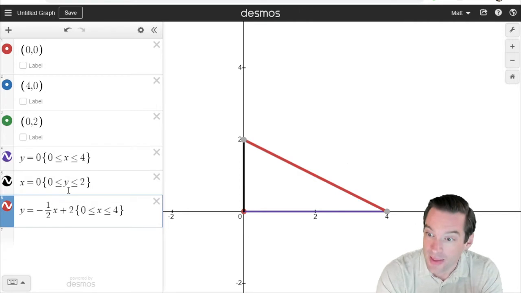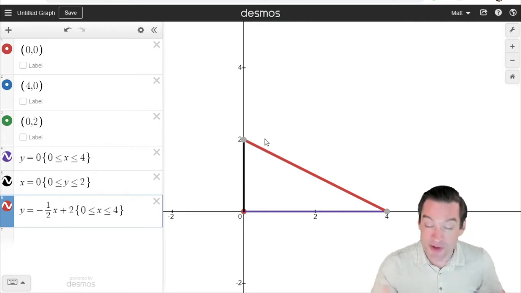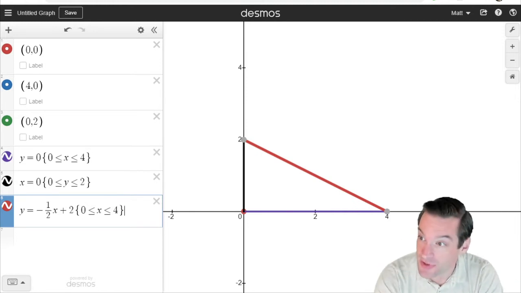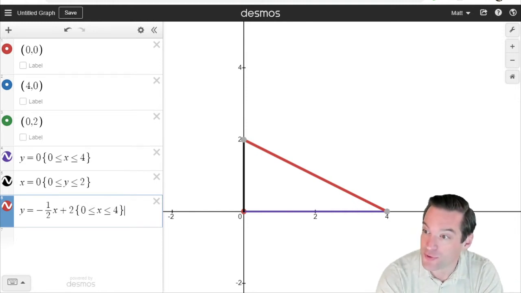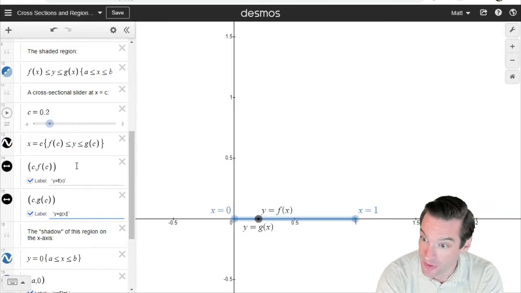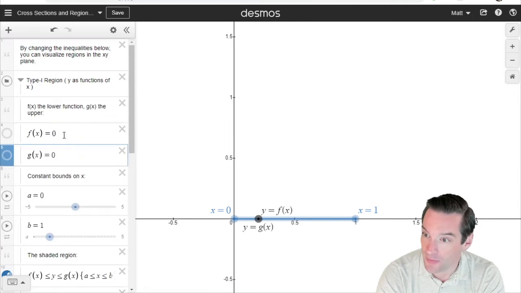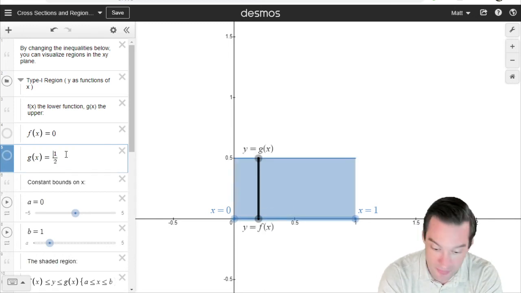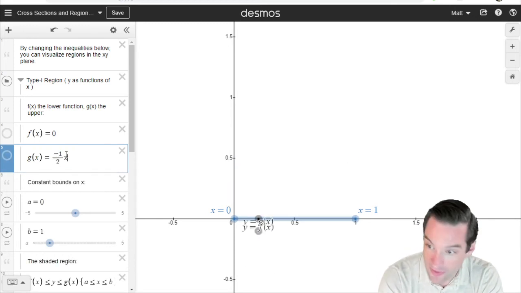The fact that we wrote down an equation for this top side, which cast y as a function of x, gives us the most natural entry point into describing this as a type 1 region, right? Where we bound y in between a pair of functions of x, and then we let x range between constant bounds. So my functions were on the bottom, f of x equals 0, and on the top, g of x is -1/2 times x plus 2.